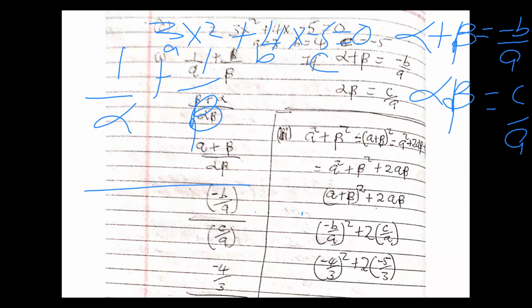Okay, then from this equation that we have written, we can choose the common denominator. What is the common denominator? Alpha beta will be our common denominator.